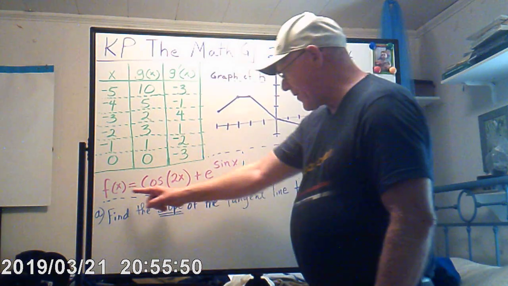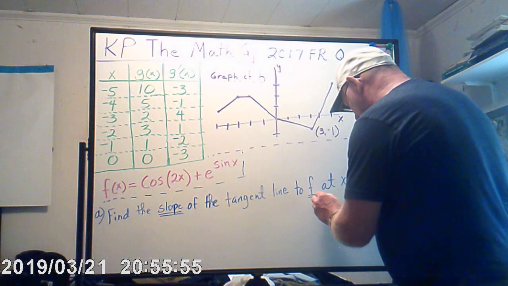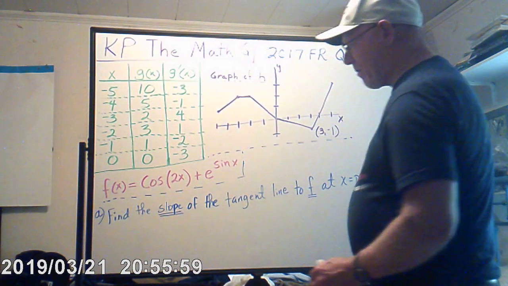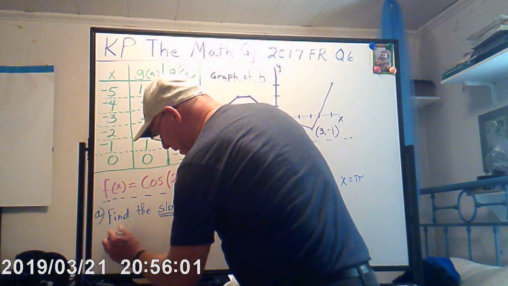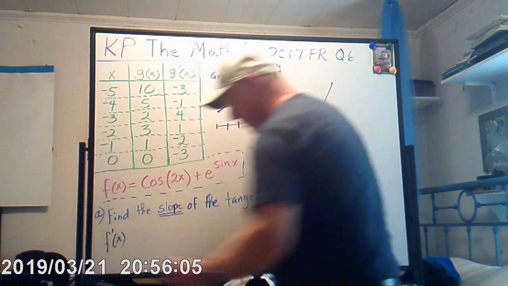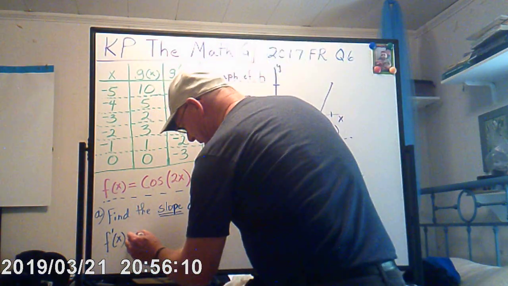Alright, so I want to find the derivative of F, of the tangent line to F at x equals pi. So here we go. This is F. Well, I like to do F prime at x. I don't like to put the number in right away, so I'm just going to go ahead with F prime at x.